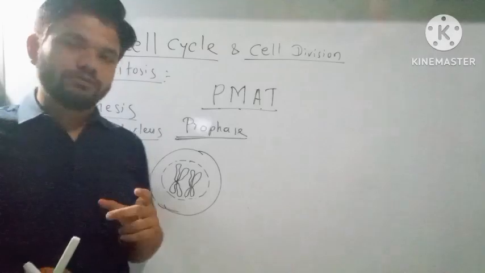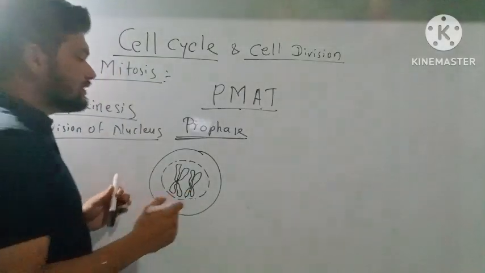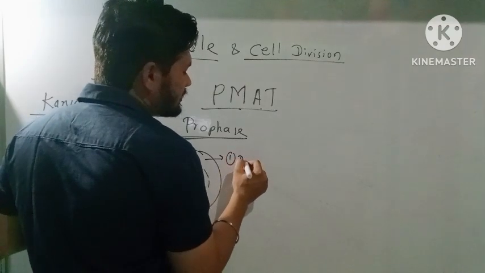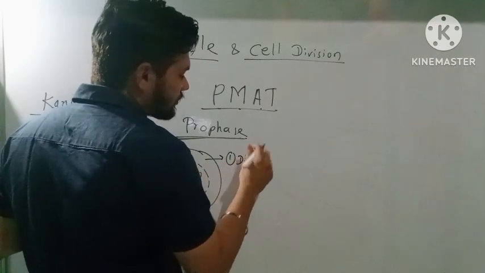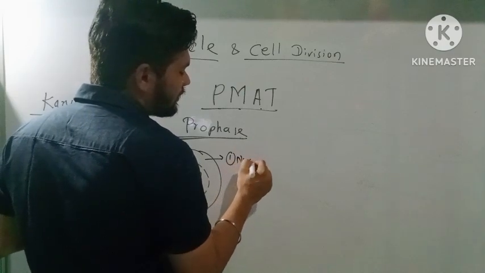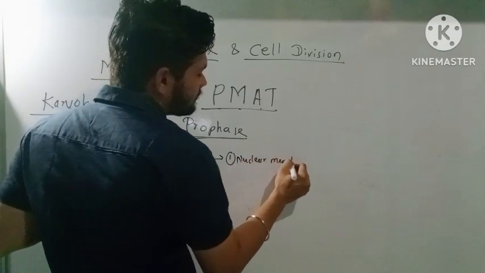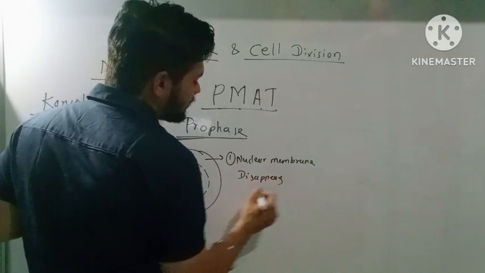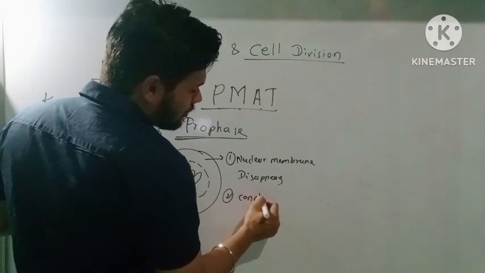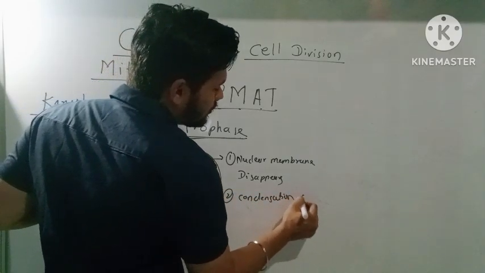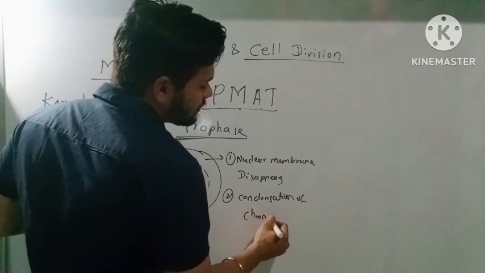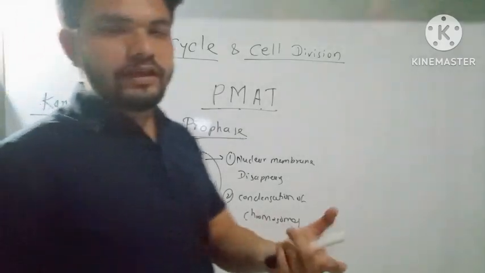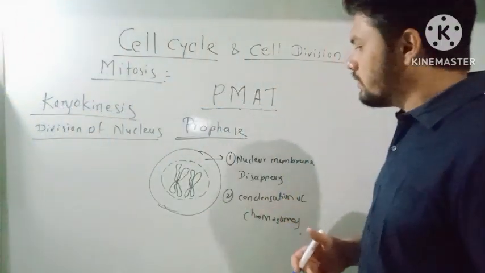Two important events you have to remember. First is the disappearance of the nuclear membrane. Second, the condensation of chromatin into chromosomes.